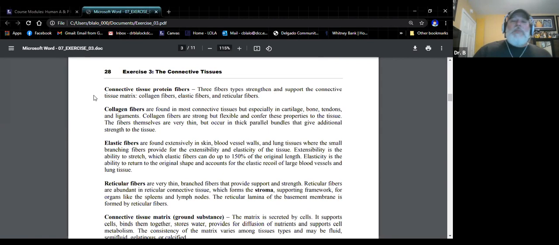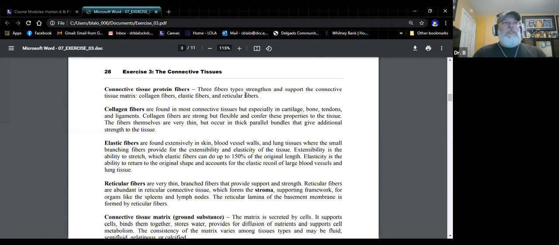Now, the three fiber types that we're going to see in the extracellular matrix of connective tissues are going to be collagen fibers, elastic fibers, or reticular fibers. Now, most connective tissue is going to have all three fiber types present. The amount that we have of each fiber type, the way that those fibers are arranged within the extracellular matrix, these are going to be the properties that help to decide the functionality for a particular type of connective tissue.